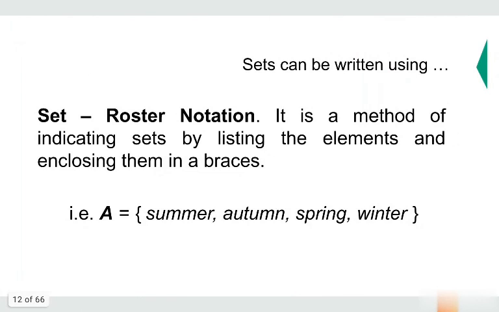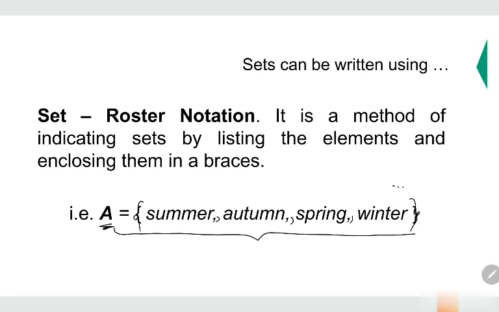Ano yung itsura ng set roster notation? Ganito siya. Tulad ng una nyo nakita. Merong braces, and then yung mga elements ay nakalista sa loob nun. They are separated by commas. We use ellipsis if there are more elements that we have to list. And the name of the set is always in capital letter.